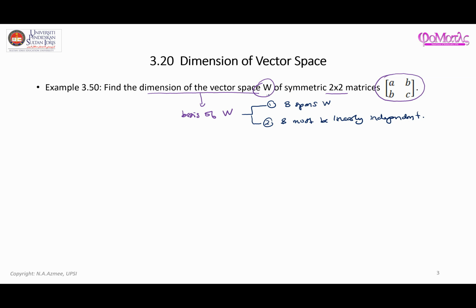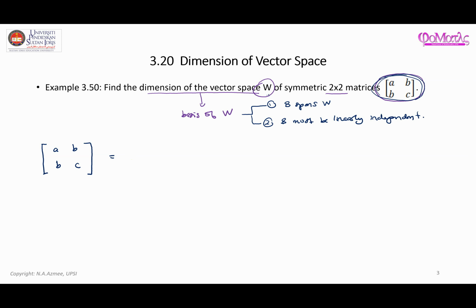Now we can see that the vector space is defined as such. This is a 2 by 2 matrix. Can you come up with some sort of linear combination such that this is the result that you will get? Let me just rephrase.